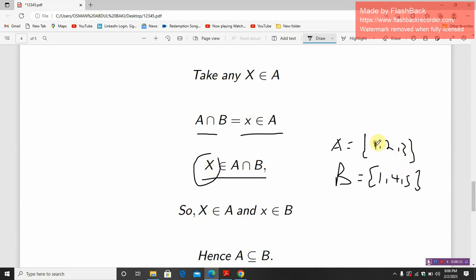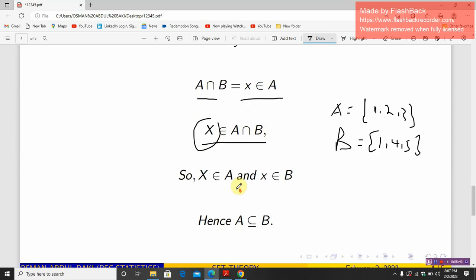You know, 1 is in common. 1 can be found in A and 1 can be found in B. So let's say that 1 is X. So this is an intersection which can be found in both A and B. So therefore X is an element in A and X is an element in B.